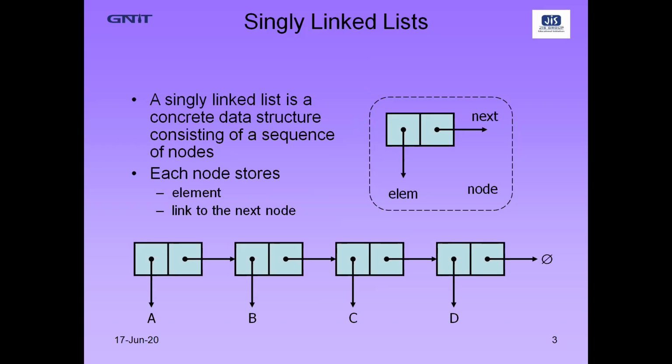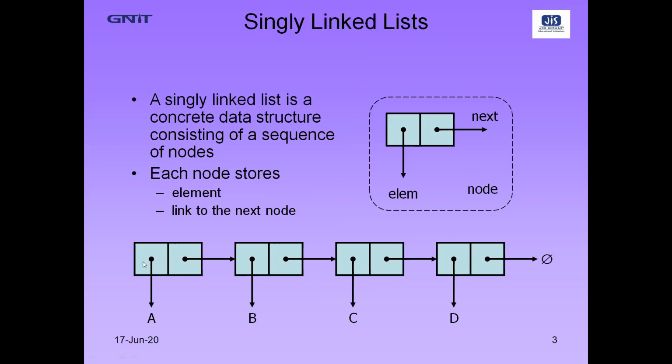From this aspect, the concept of linked list is derived, and a linked list is a dynamic data structure. A singly linked list is a concrete data structure consisting of a sequence of nodes, and these are the nodes. In this example, we consider 4 nodes. The definition of a linked list we can derive is that a linked list is a dynamic linear data structure which contains a collection of data elements.